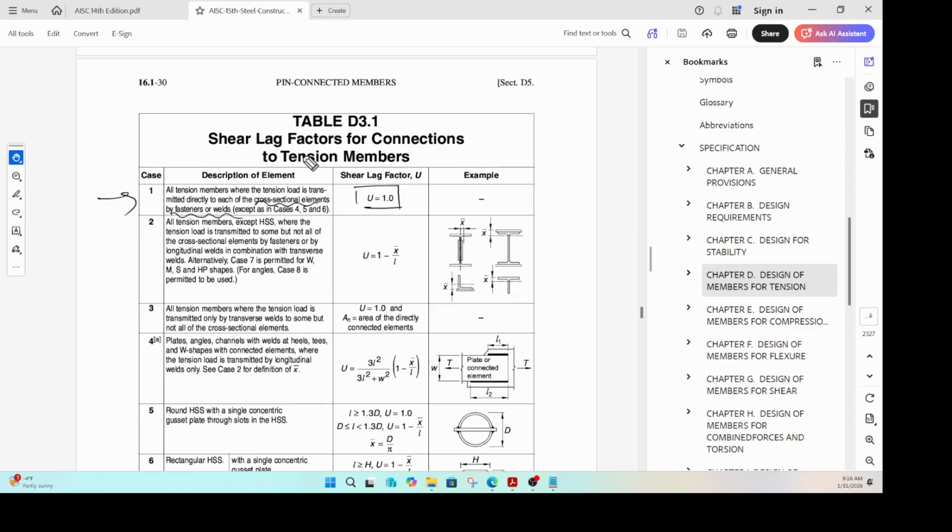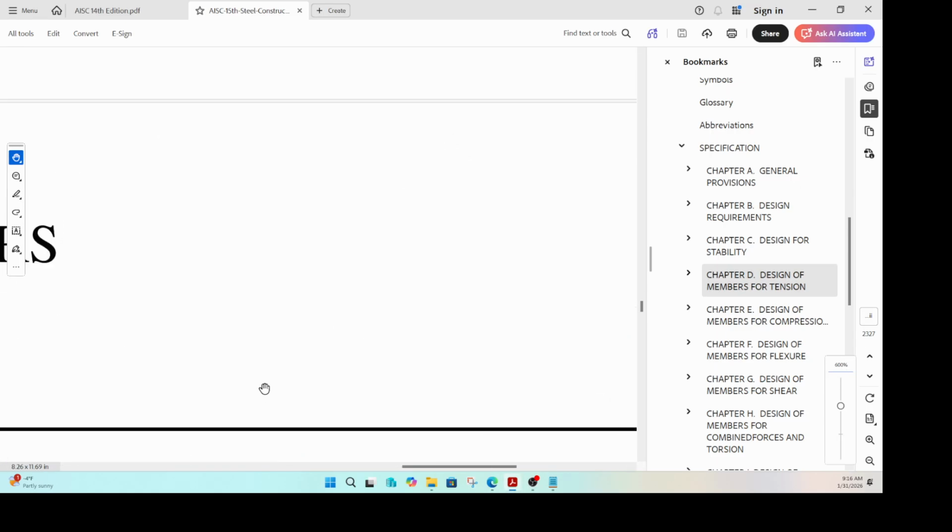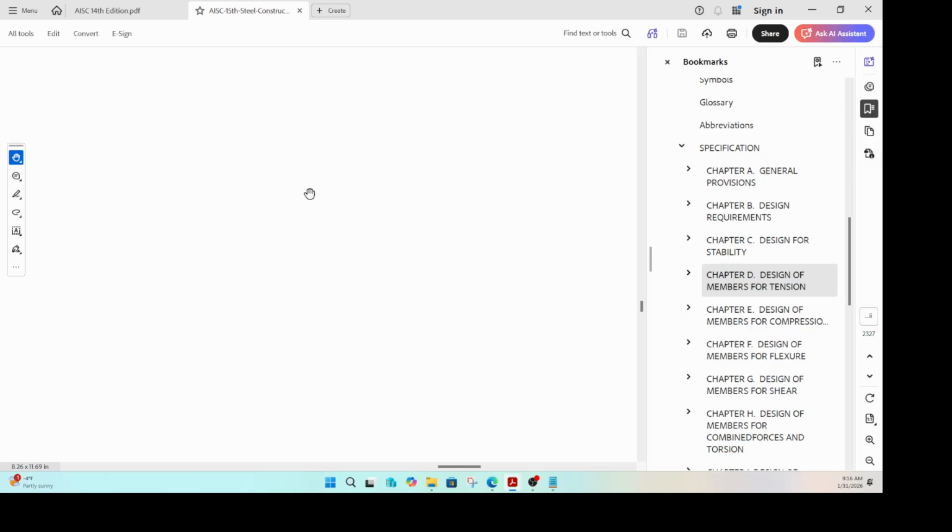What that means is, let us say you have a gusset plate like that, and then you have your member like that. You are subjected to tension. This particular plate is welded here, and is welded here, right?